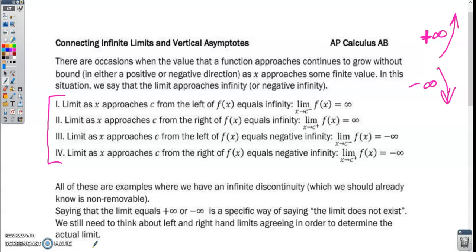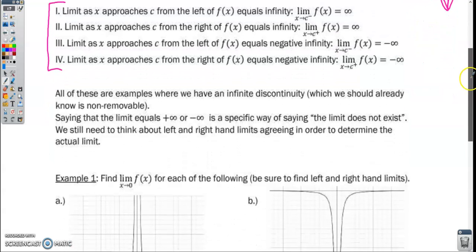But if as x approaches this c value, the limit approaches positive infinity from one side and negative infinity from the other, then the most specific way that we can refer to that is by saying that the limit does not exist. So I always like to try to refer to it in the most specific way possible.